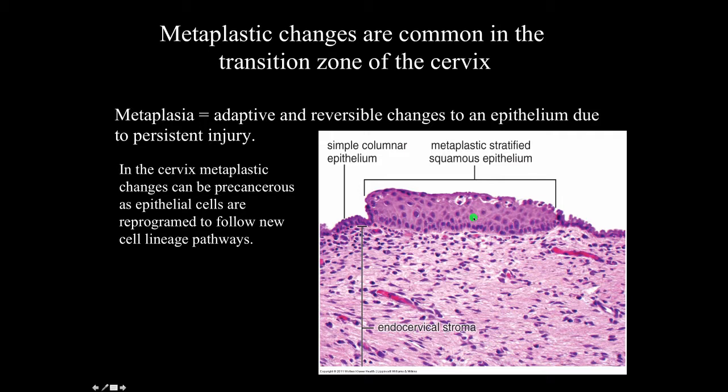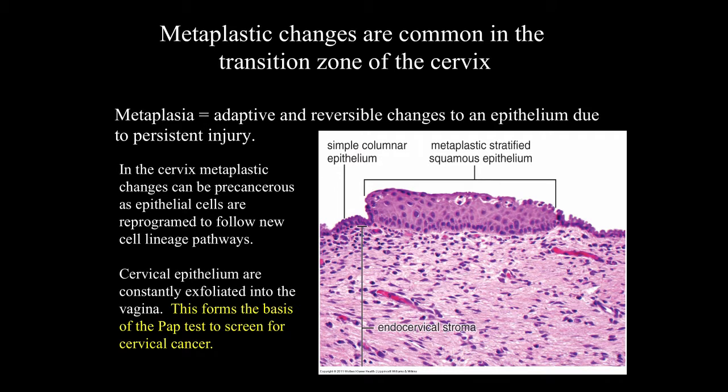In the cervix, metaplastic changes can be precancerous, as epithelial cells will get reprogrammed to follow new cell lineage pathways. Now, cervical epithelium tends to be constantly exfoliated into the cavity of the vagina, and that exfoliation forms the basis of the Pap test to screen for cervical cancer.